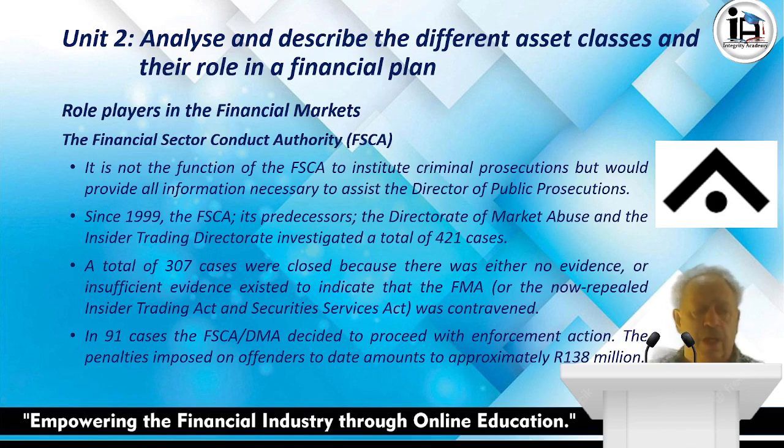Since 1999, the FSCA, its predecessor, the Directorate of Market Abuse, and the Insider Trading Directorate have investigated a total of 421 cases. A total of 307 cases were closed because there was either no evidence or insufficient evidence to indicate that the FMA, or the now replaced Insider Trading Act or Securities Services Act, was contravened.